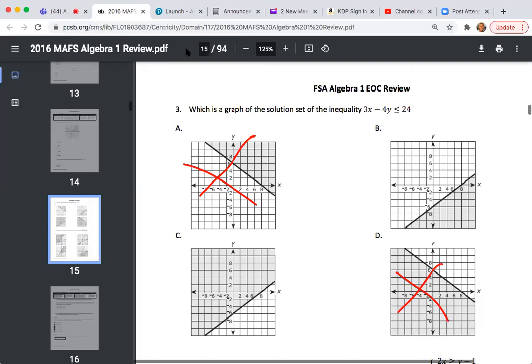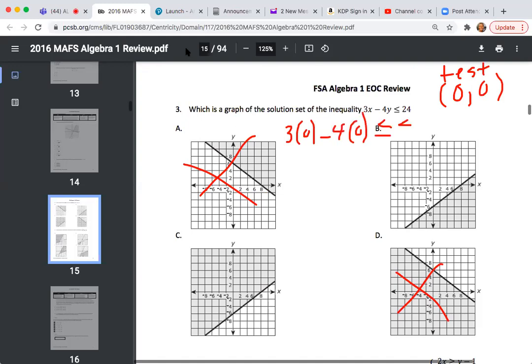So now time for me to figure out which one is the correct answer. Here's where you're going to test this to figure out which region has the correct set of points that will make this problem true, okay? So, Mimi, remember how earlier I was telling you the best point to test with is 0, 0? The 0, 0 is the origin. So I'm going to go into my inequality, plug in 0 for x, 0 for y, and work it out.